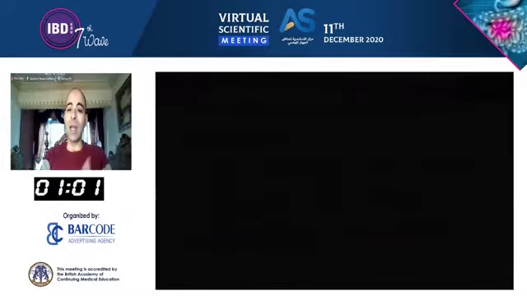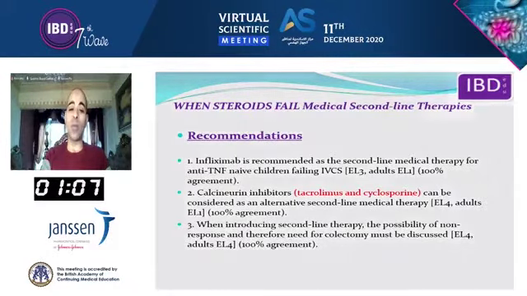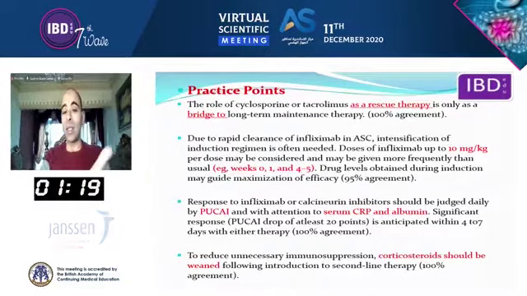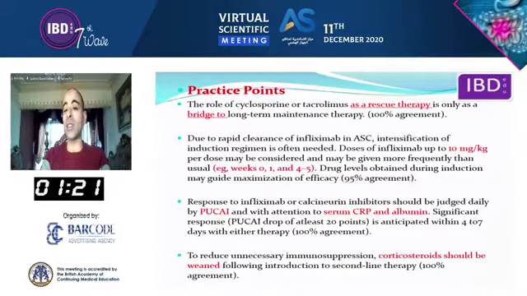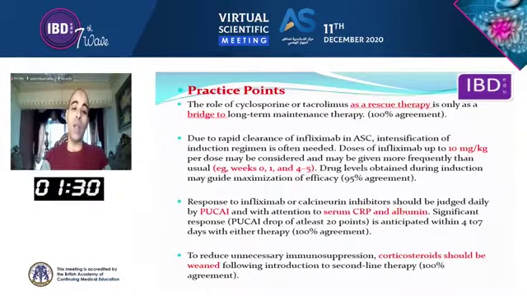The second line therapy includes infliximab, anti-TNF, calcineurin inhibitors like cyclosporin and tacrolimus, where the role of cyclosporin and tacrolimus here in ASUC is as a rescue therapy only, a bridge for long-term maintenance. As we said before, infliximab in ASUC can be given in high doses, especially in children, and we can make a small gap between doses to give more response.